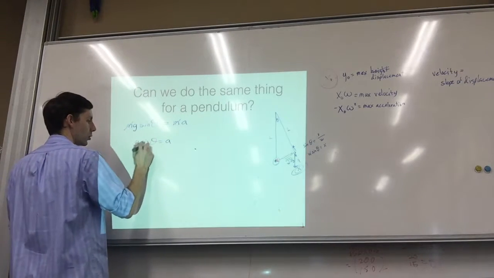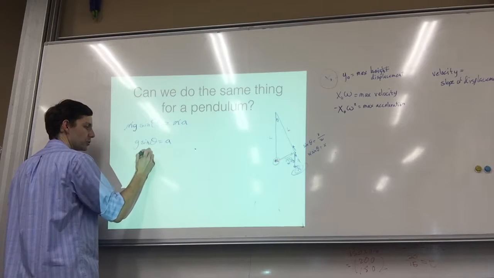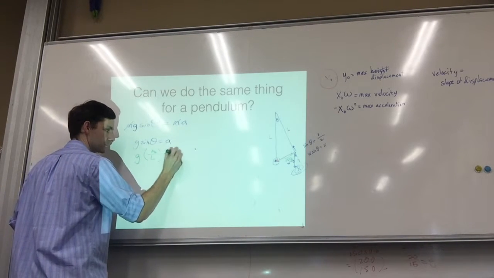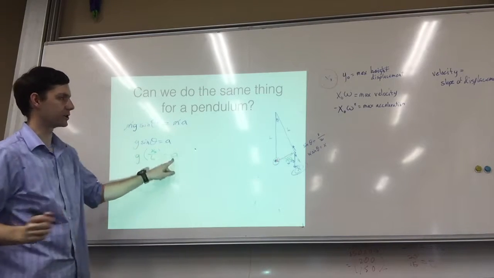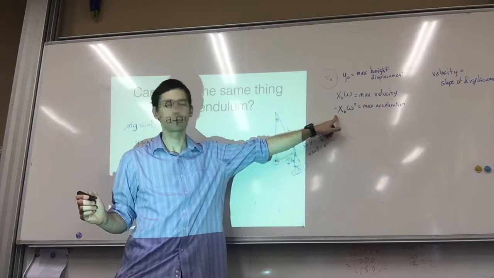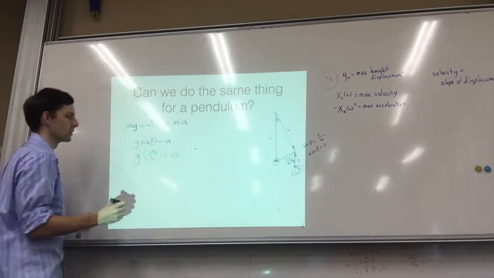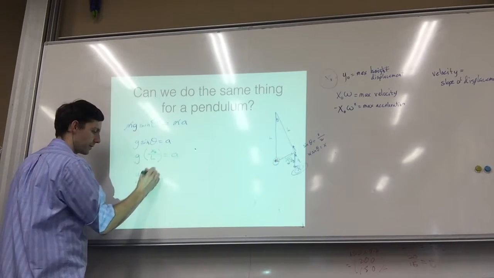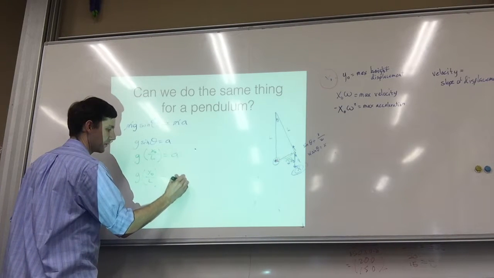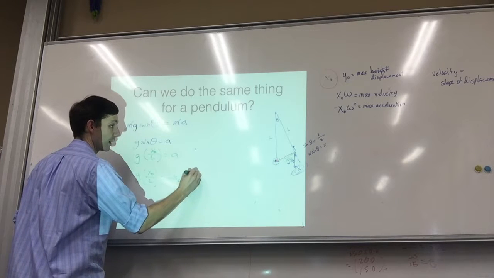So we'll change the sine of theta. So we'll go g times x naught over L equals a. We talked about a needing to be replaced by the maximum acceleration, so negative x naught omega squared. So g x naught over L equals negative x naught omega squared.